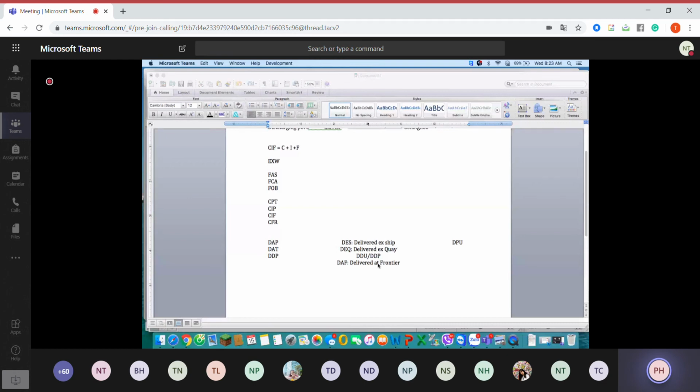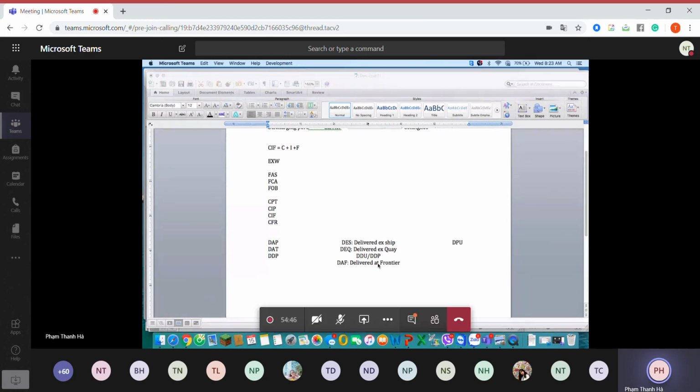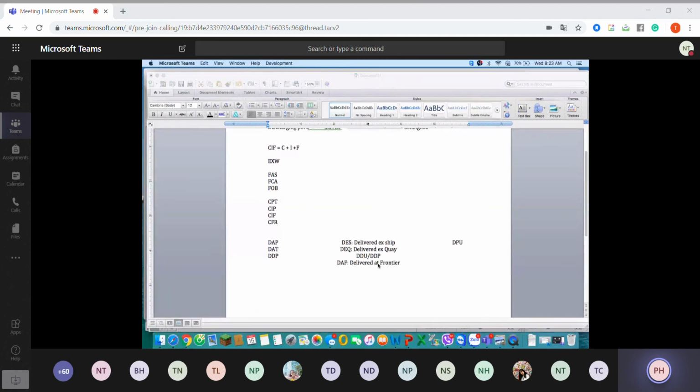So actually deliver at frontier can also be considered as either DAP, I'm sorry, DAP or DAT, depending on how to arrange the unloading liability. For DAP, if we choose to deliver the goods at the frontier, that's fine. Similarly for DAT, if we choose to deliver the goods at the frontier, it's also fine. So for DAF, we don't need to keep it in the ICC.